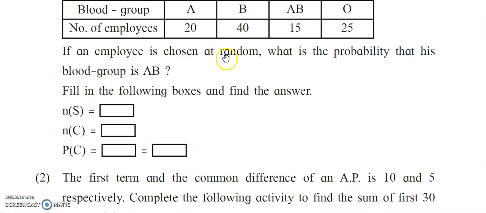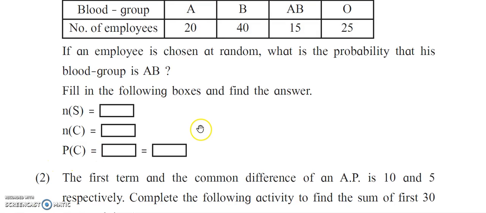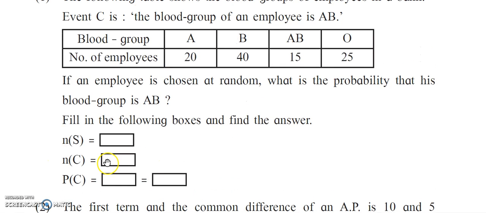It's given here, the sum of all these persons, n of S is 100. Next, we substitute the value of n of C. Now n of C means what? That is 15, which is the required event.